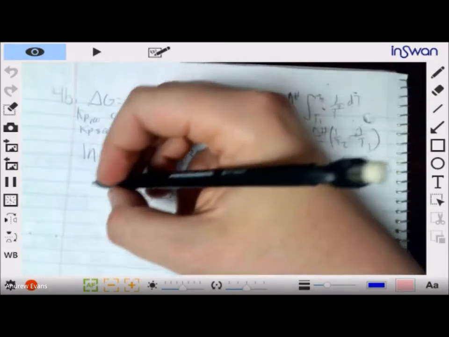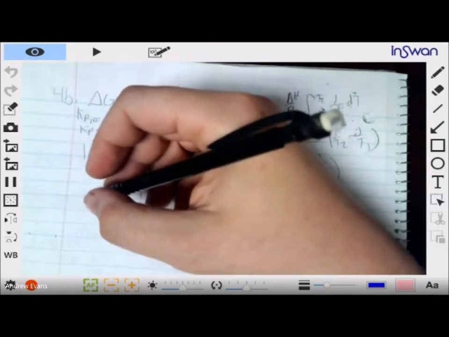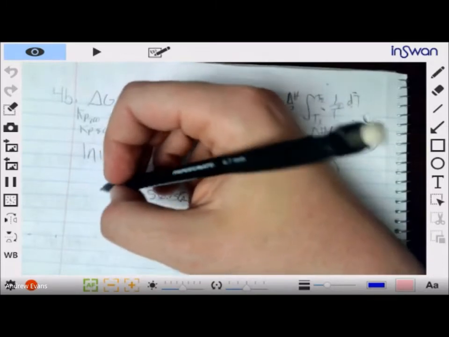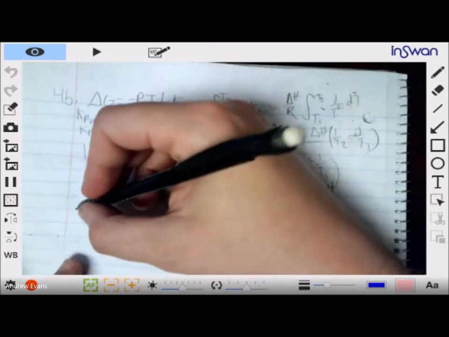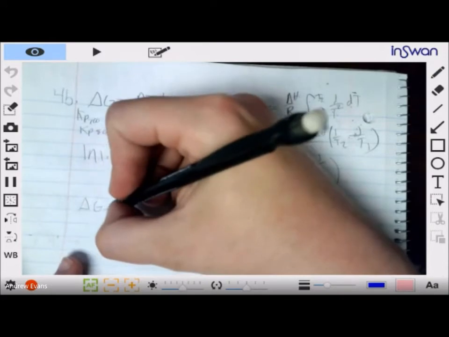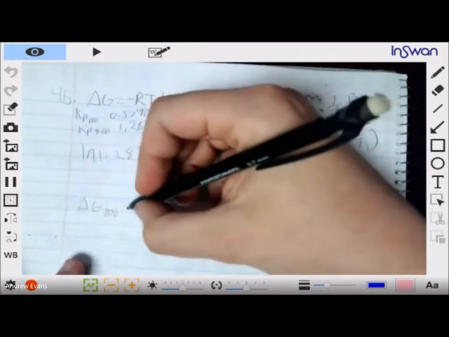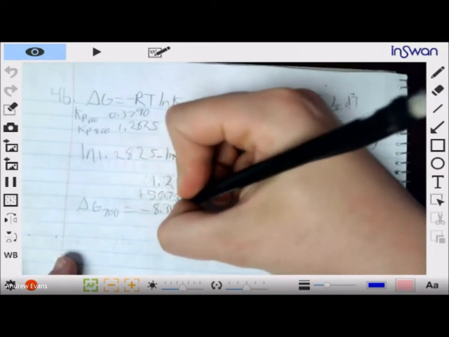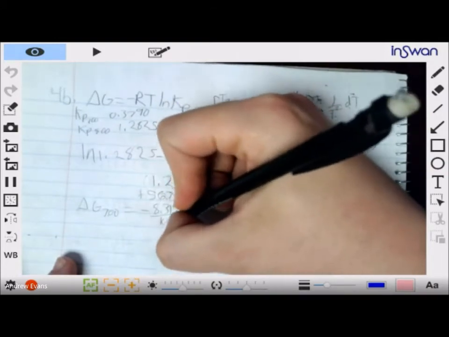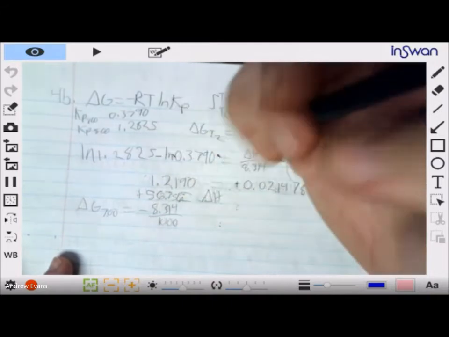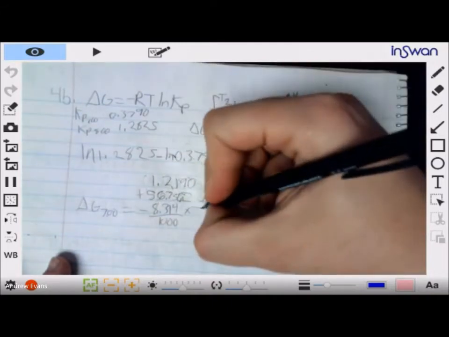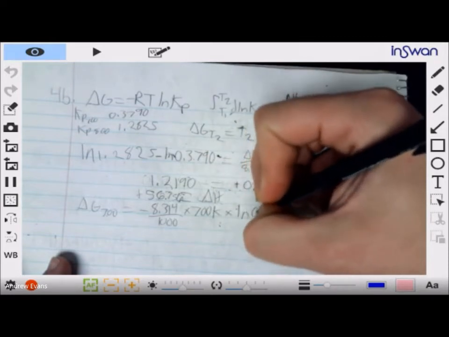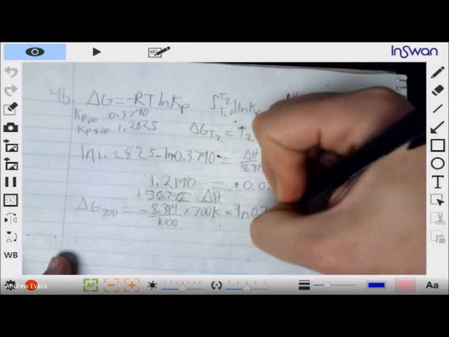Now we need a single Gibbs value at a temperature. It doesn't matter whether we choose 700 or 800. We could do this just fine. Delta G at, we'll just say 700 is equal to negative 8.314 by 1,000 to get this into kilojoules times 700 Kelvin times ln of 0.3790.